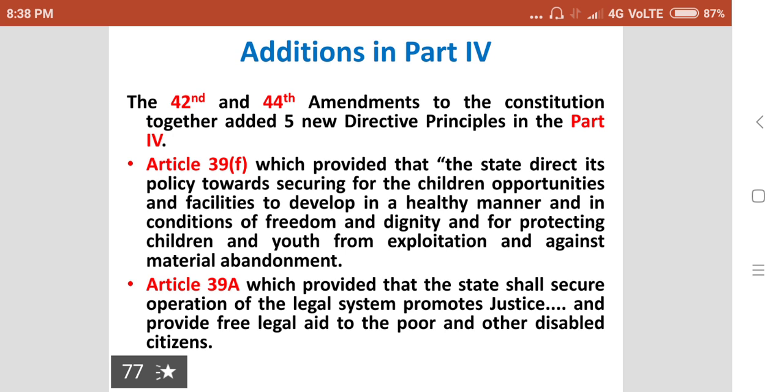Article 39A, which provided that the state shall secure the operation of the legal system, promotes justice, and provide free legal aid to the poor and other disabled citizens.